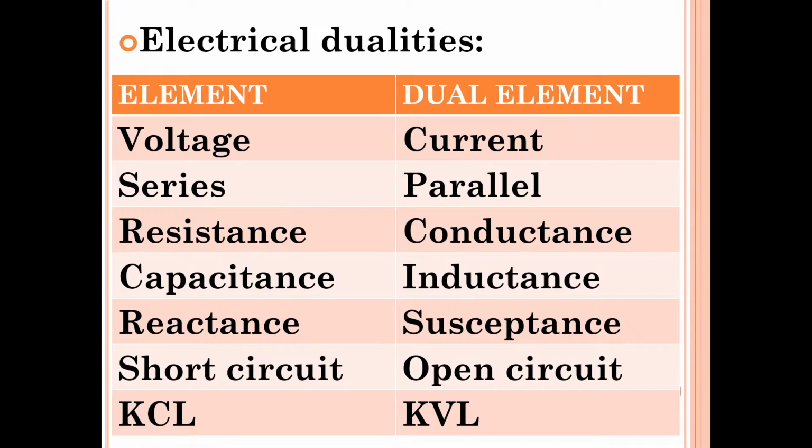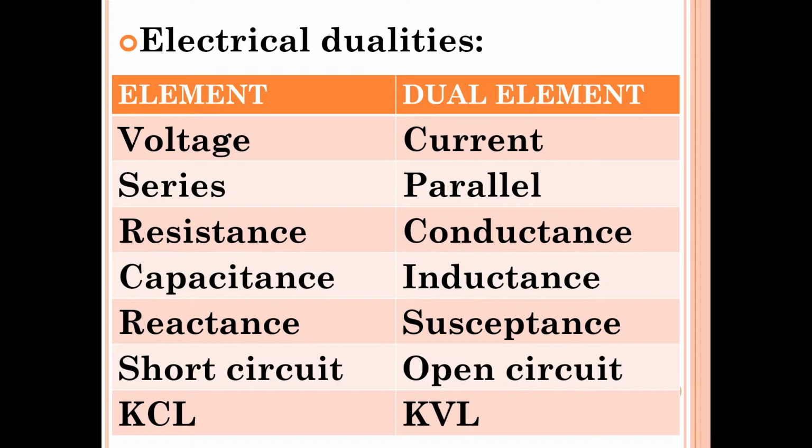The dual element of resistance is conductance. The dual element of capacitance is inductance. The dual element of reactance is susceptance. The dual element of short circuit is open circuit. The dual element of KCL is KVL.